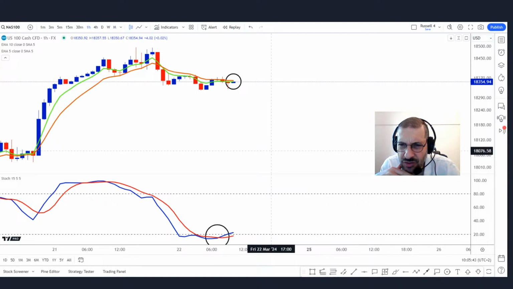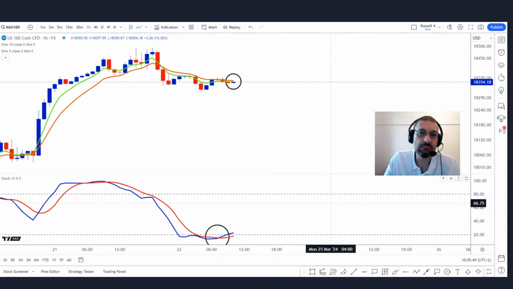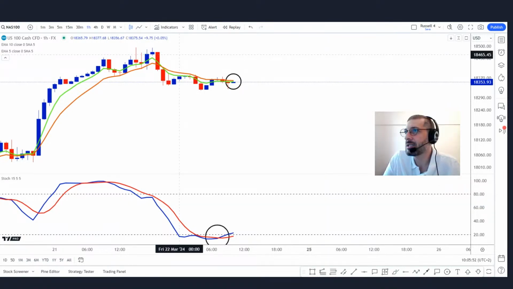There's a question here. So when are we expecting the overbought of gold? Well, when the indicators go overbought, right? So gold hourly chart. Okay, we were overbought.